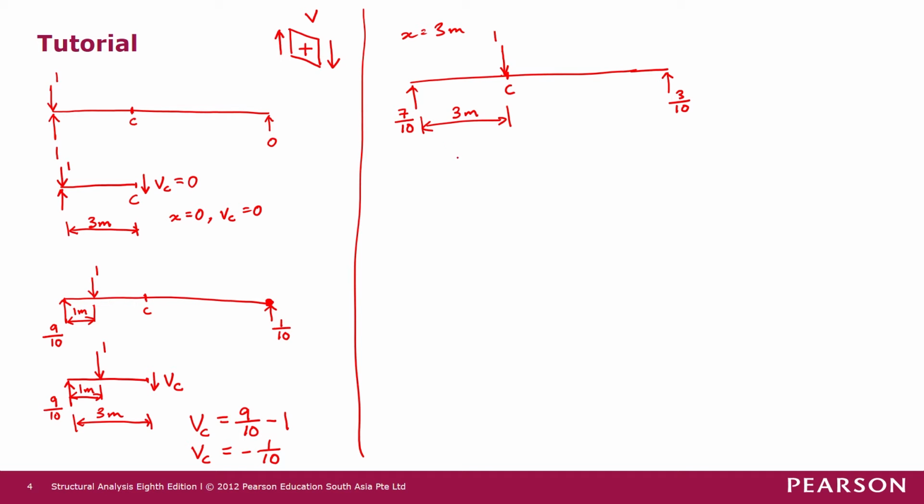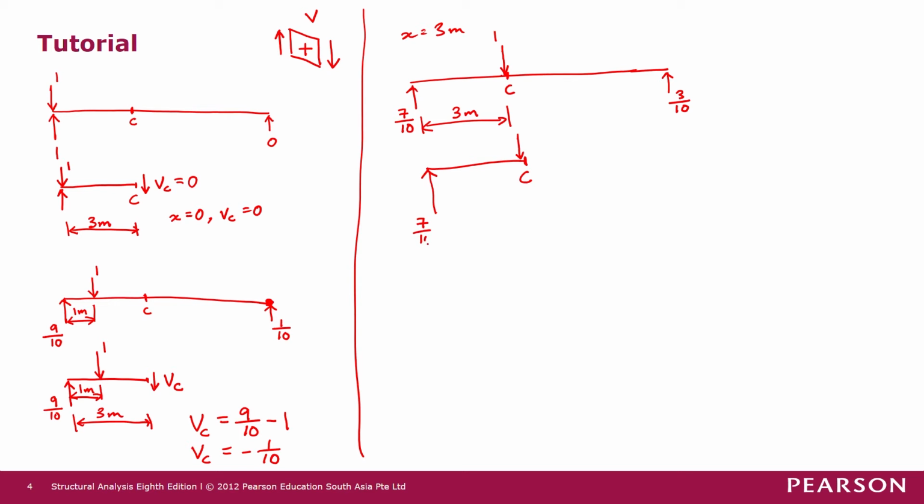Now we want to see what is the shear force at point C. The 1 unit force is still here, because when we cut across section C, this force is still on the left hand side of joint C, so this force is still appearing in the free body diagram.